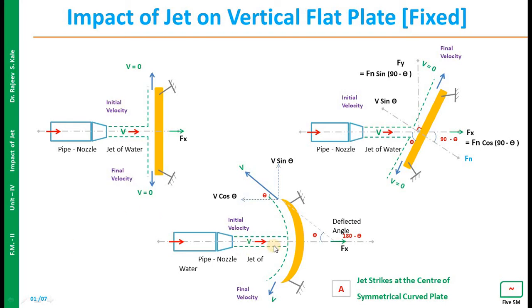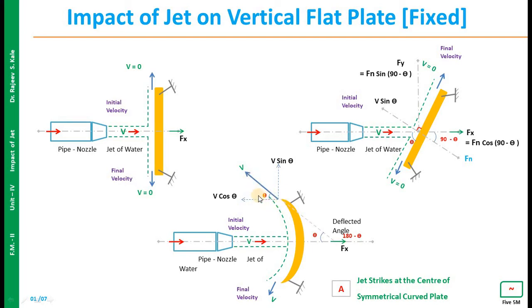The jet strikes at the center of the plate. Now in this case, again the initial velocity, water comes out of the nozzle, strikes the plate and moves in vertical upward and downward directions. As the surface is curved, this is the deflected surface of the curve. You can measure the angle theta.